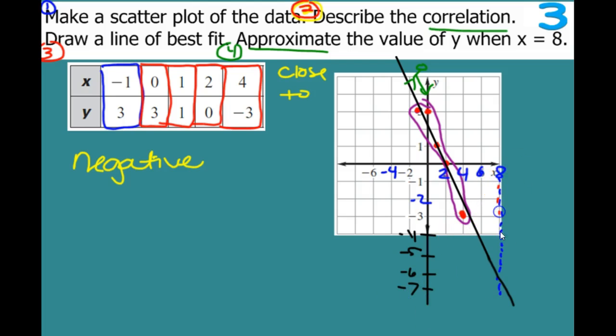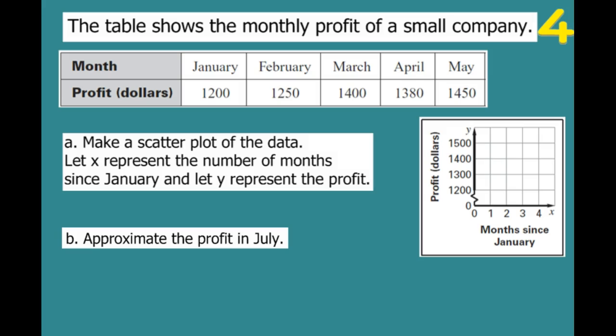When I follow 8 down, I'm going to cross about here, which to me is at a negative 6. Maybe for you it's at negative 7. Maybe it's at 6.5. You need to decide where it is exactly on your graph. Take a close guess.